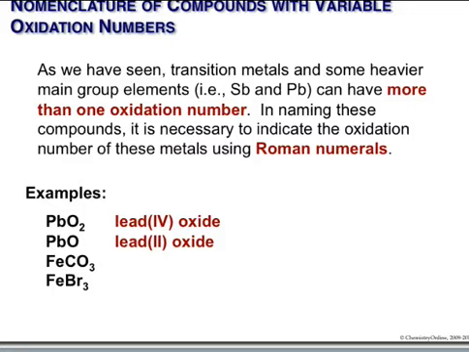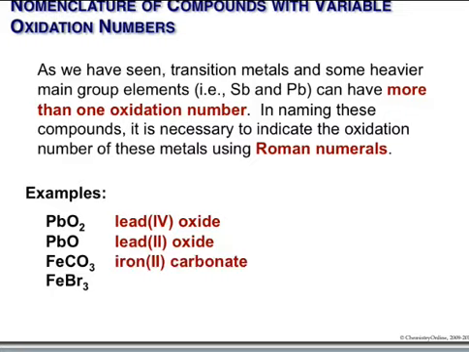Carbonate is a -2 anion. Therefore, iron must be +2. So we call this iron(II) carbonate. Bromine, halogen, group 7, -1.